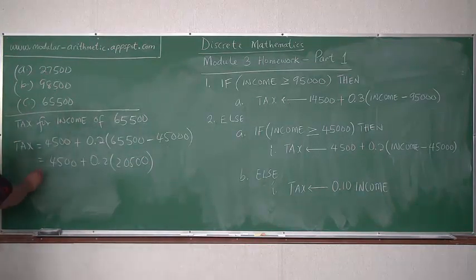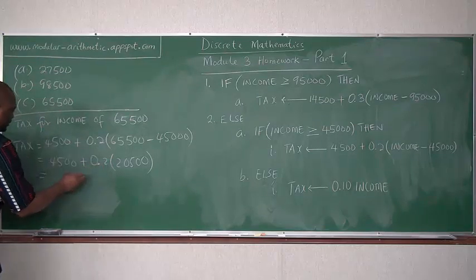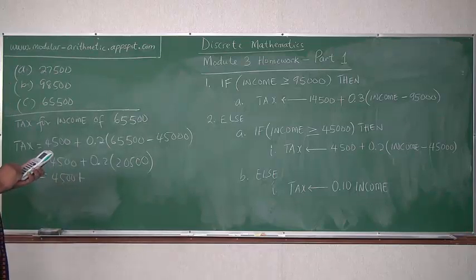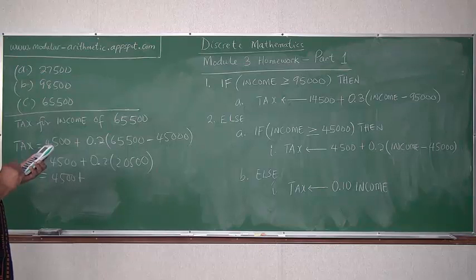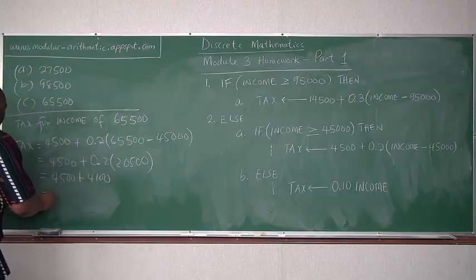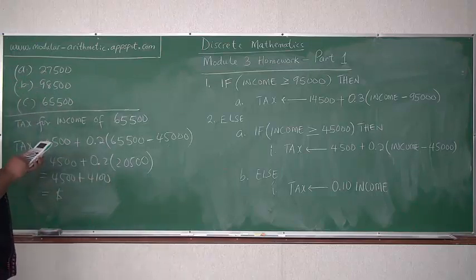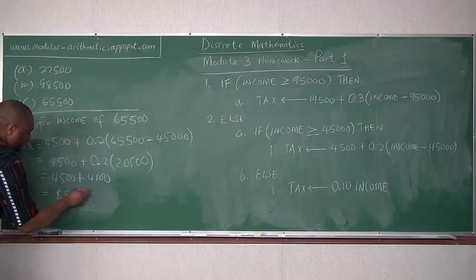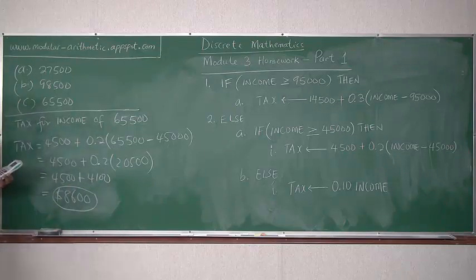Now, you can go ahead and finish this. This is 4,500 plus 4,100. Okay? And your answer will now be $8,600.